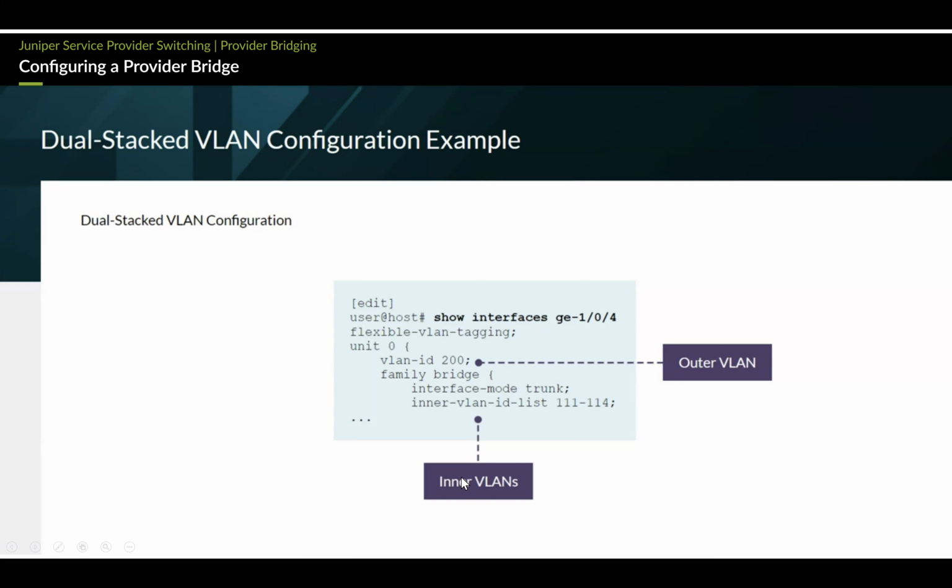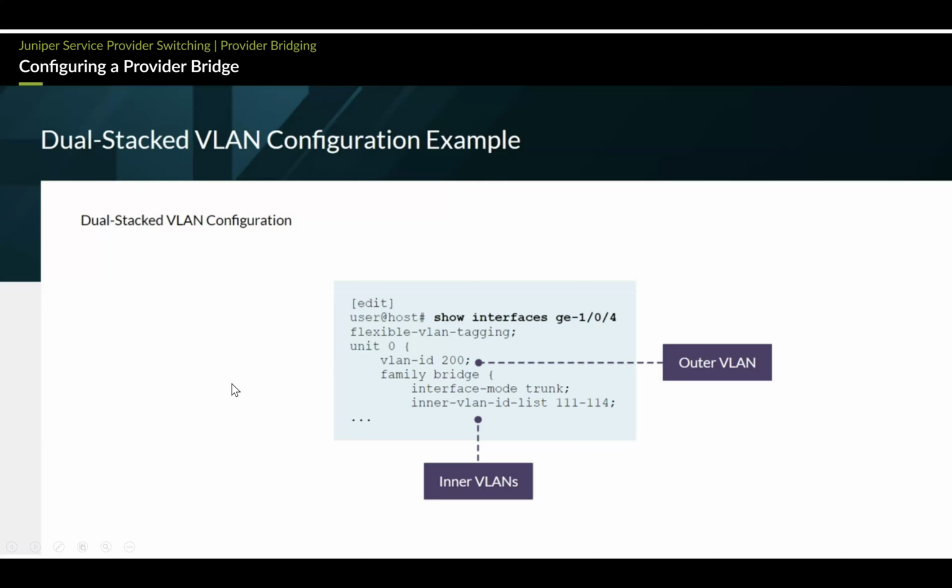So in that case, this range is called the inner VLAN, and the service provider VLAN 200 is called the outer VLAN. Inner and outer, both on the same single interface. So in that scenario, this configuration is called the dual stack VLAN configuration.